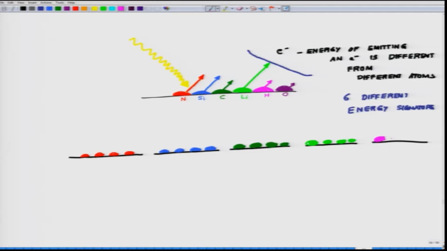You shine each one of them with a particular radiation, and each one of them will emit electrons with its own unique velocity.